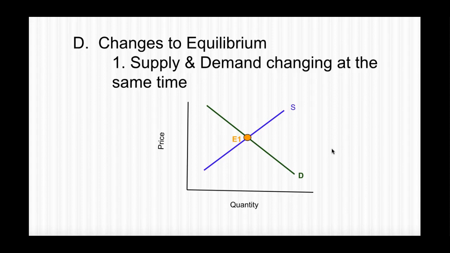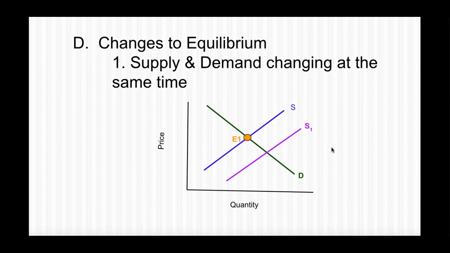Okay, so the first option we're going to look at is what if both supply and demand shift at the same time to the right? So what if, for example, the supply curve shifts to the right because the cost of inputs goes down, or the price of a substitute goes down, or the price of a complement goes up, or there's better technology, or there's more sellers, or the producers are expecting a lower price in the future.